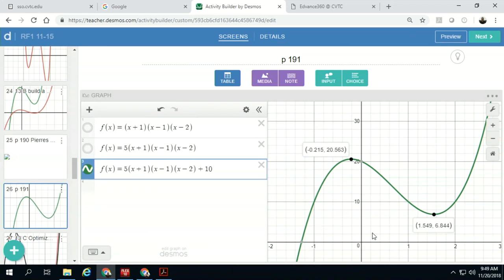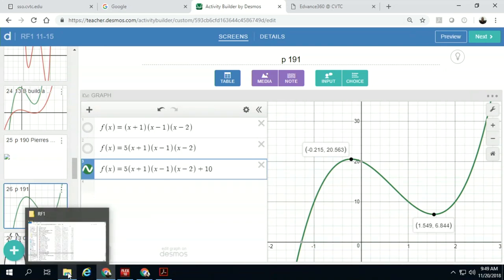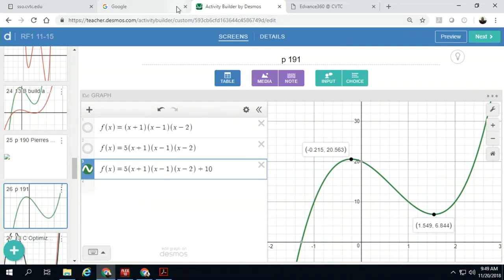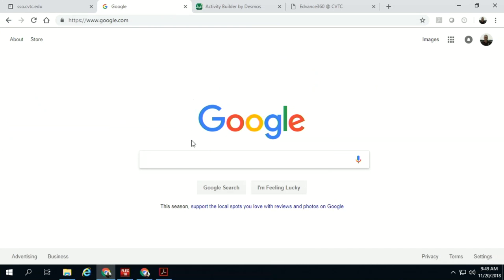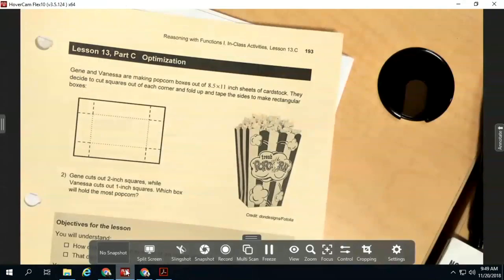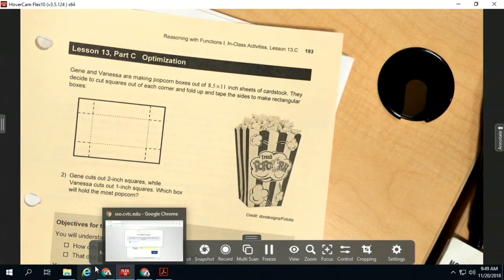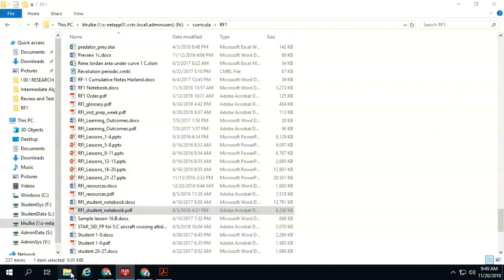Page 193. Optimization. We want to make a cardboard box, cutout box, like you see in the picture, that holds the most popcorn. Interesting concept.